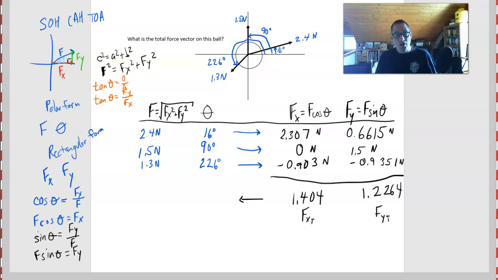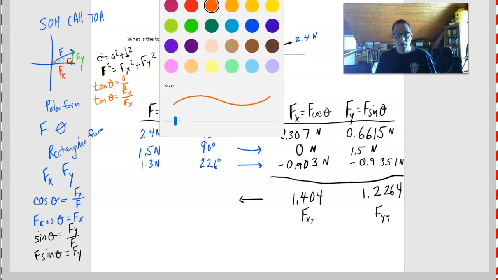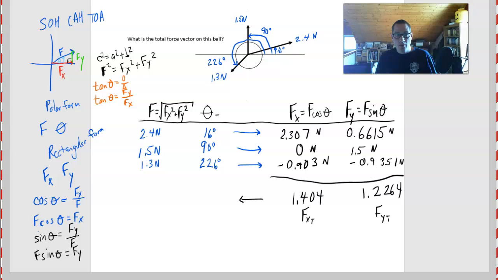And so theta equals the inverse tan of f of y over f of x.